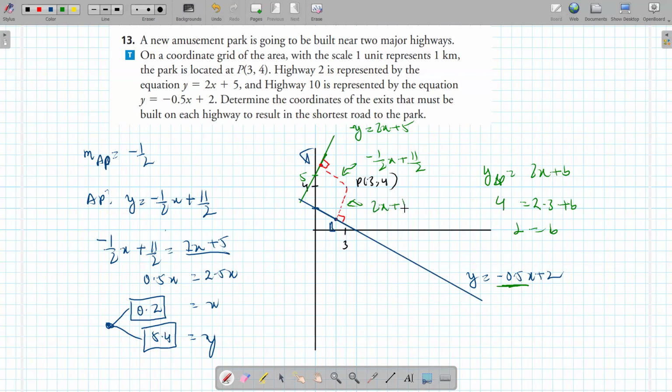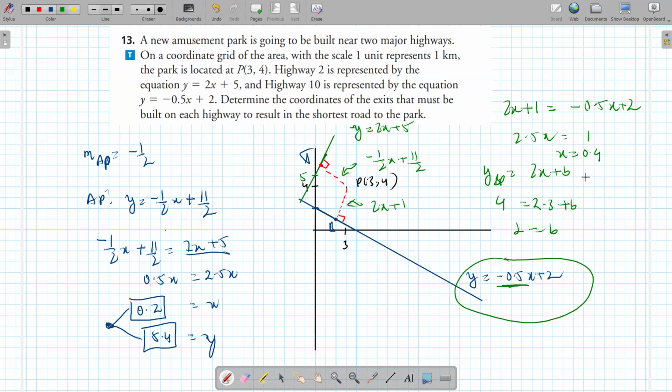And then finally, to find the point of intersection, you're gonna set 2x plus 1 equal to negative 0.5x plus 2. So this is 2.5x equals 1. So x is 0.4.